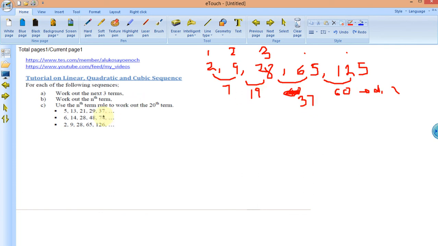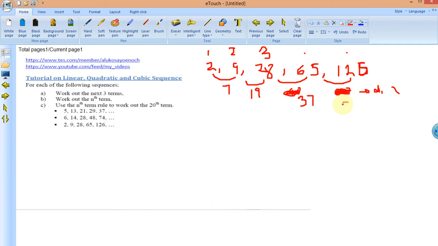I don't forget that this is 126. I don't know why I just put 125 here. So 126. Okay, 126 minus 65 now. 126 minus 65 is 61.